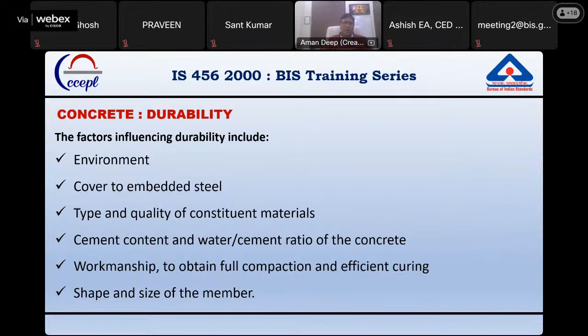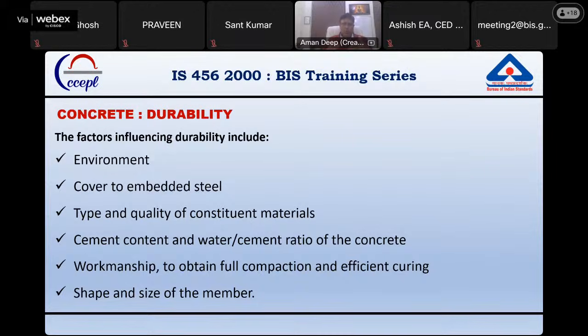Then we have the cover to the embedded steel, because if the cover is not adequate or is lesser, the damage to the reinforcement steel could occur at a lesser age.